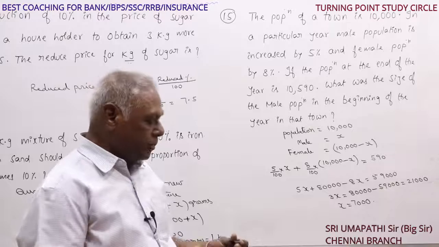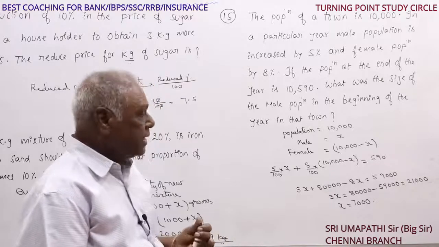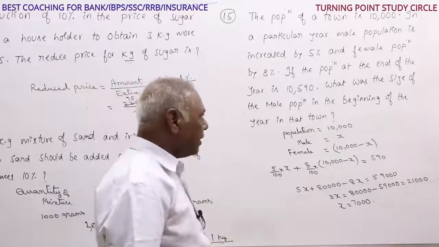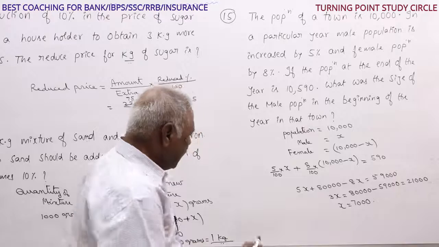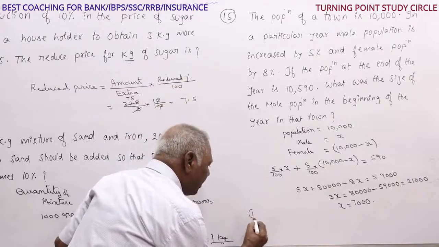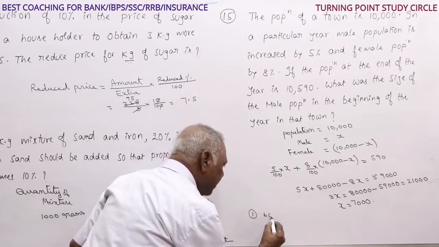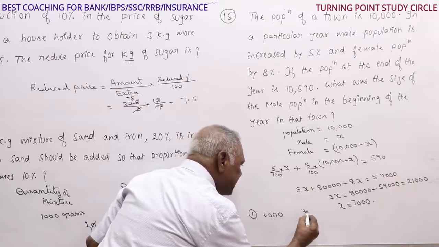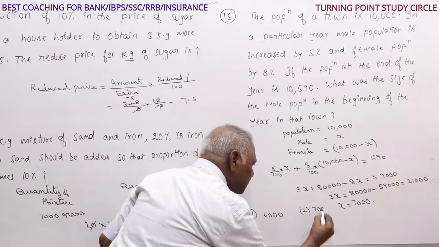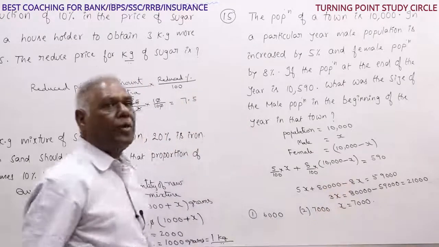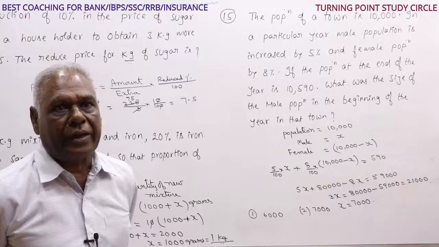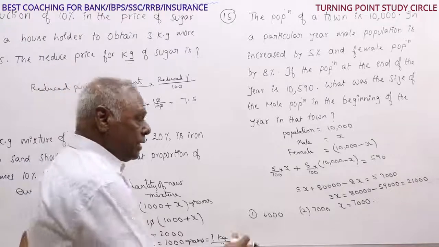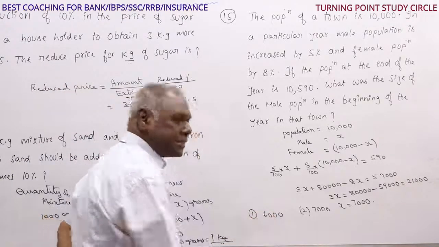So it can be done in another way. Please observe, you will be given options. Suppose the options are, first option is 6,000 and second option is 7,000. So instead of doing like this, you can take the options and analyze. So the first option here is given to be 6,000.